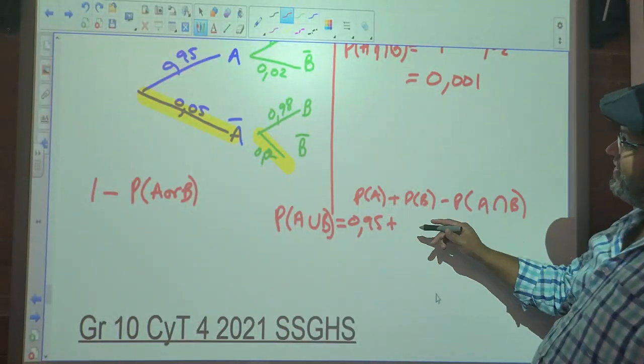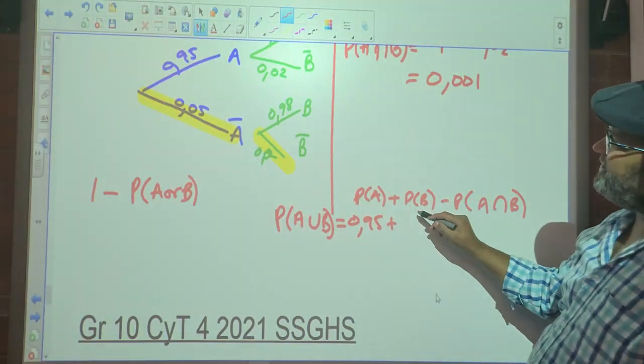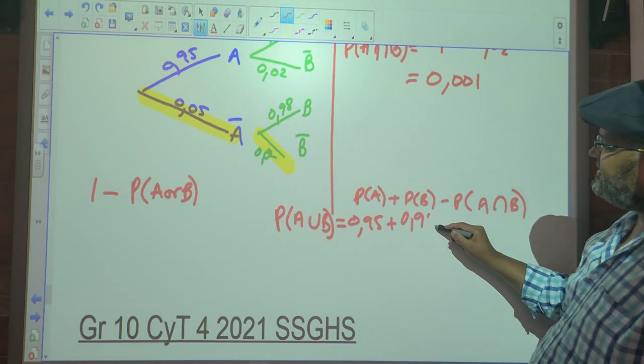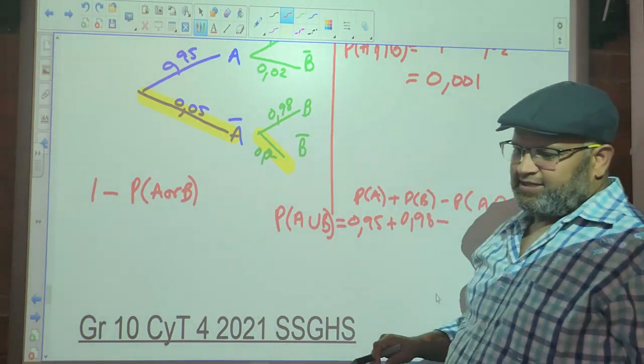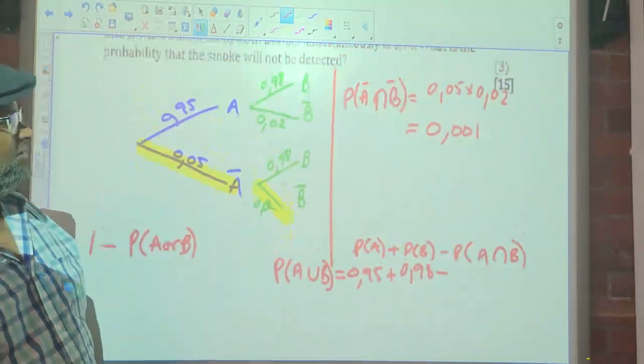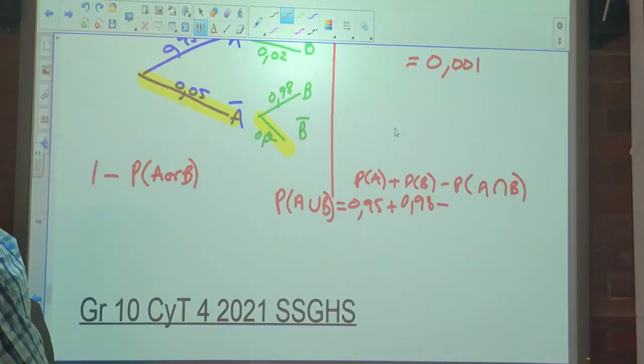So the probability is 0,95 for A, 0,98 for B, minus A and B.